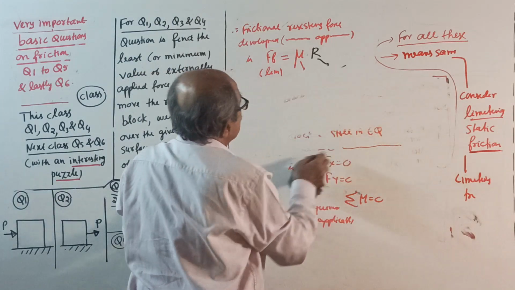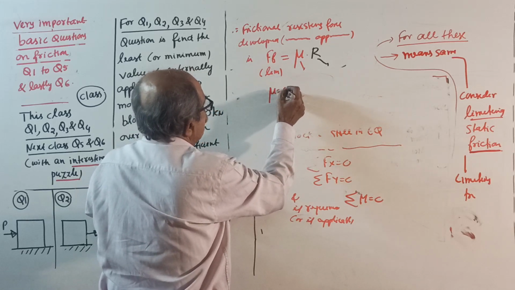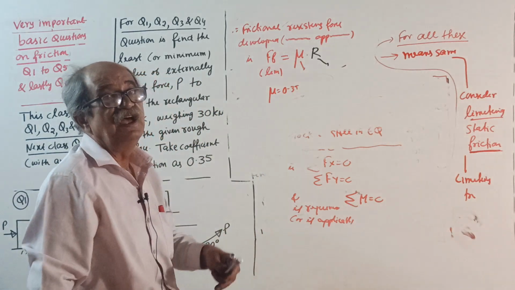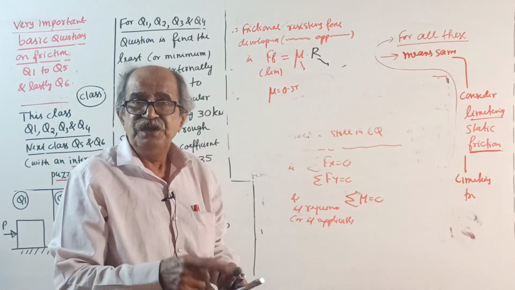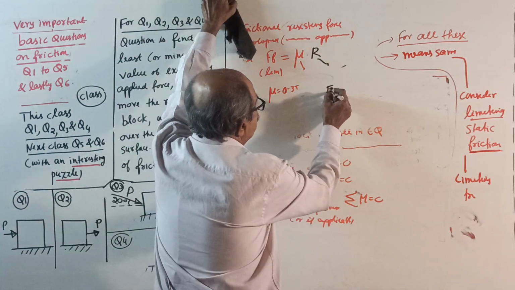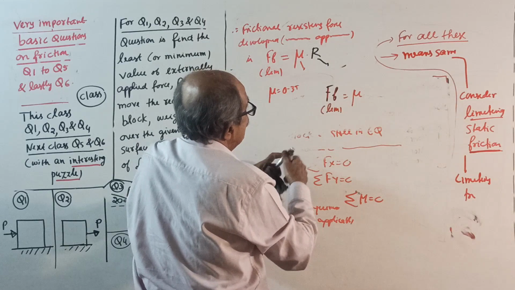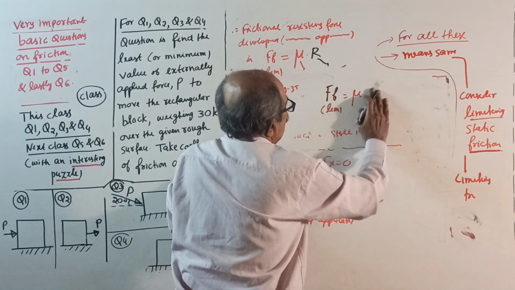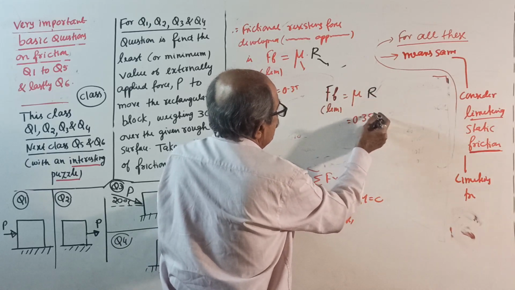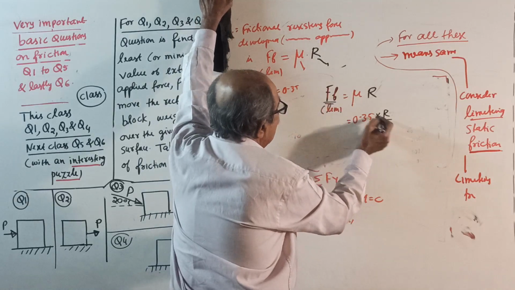In our question, today's class question, your mu is 0.35. See, it is mu equal to 0.35. Therefore, in all the questions, today's 4 questions and next class 2 questions, same question, all 6 questions, your frictional force developed, F_F limit equal to mu into R, that will be equal to 0.35 into R. So, your frictional force and R are connected.